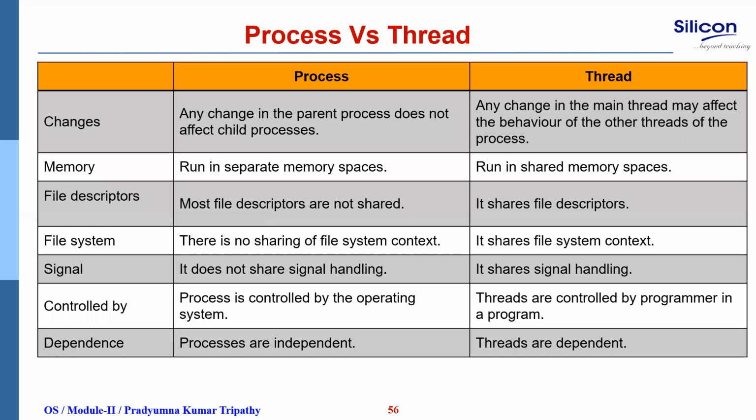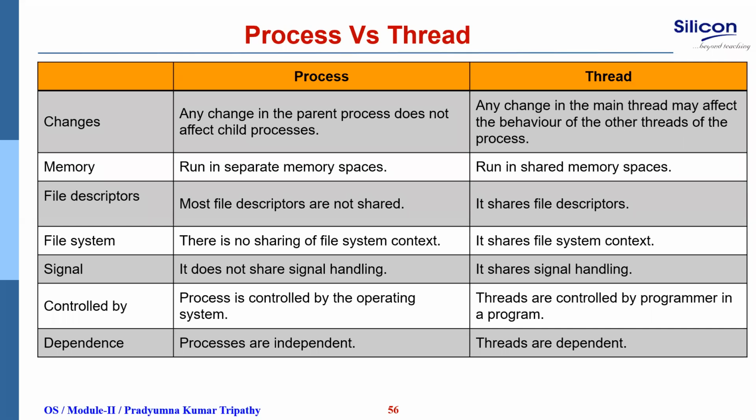Processes are controlled by the operating system because it creates and destroys them. The user usually doesn't interact here, but threads are controlled by the programmer in a program. We will write a program for creating threads, managing threads, and deleting threads.